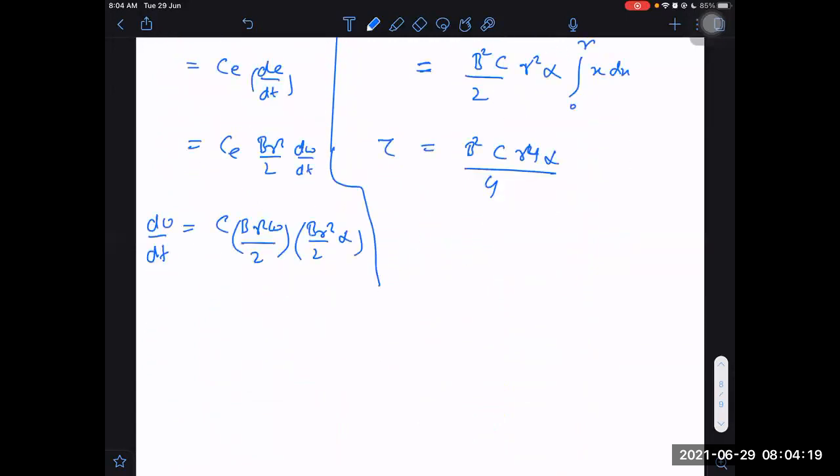And what is the power supplied? Torque into omega, which is equal to B square C r to the power 4 alpha by 4, multiplied by omega.